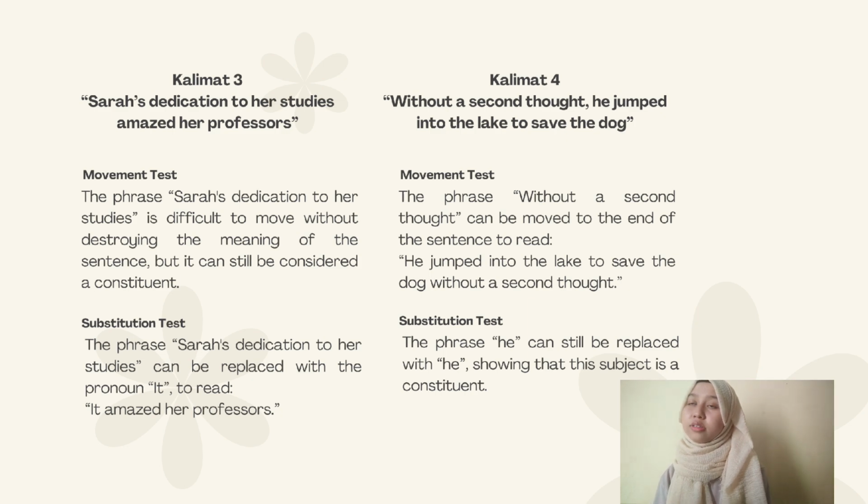Next, the fourth sentence is: Without a second thought, he jumped into the lake to save the dog. Movement test. The phrase without a second thought can be moved to the end of the sentence to read: He jumped into the lake to save the dog without a second thought.